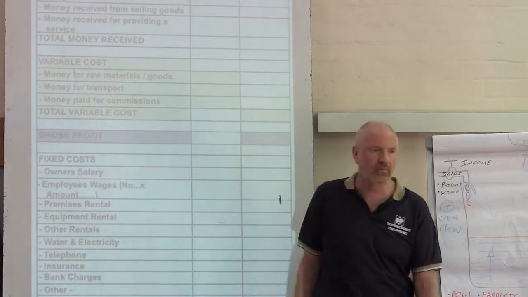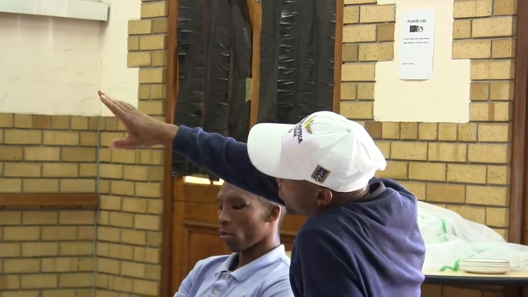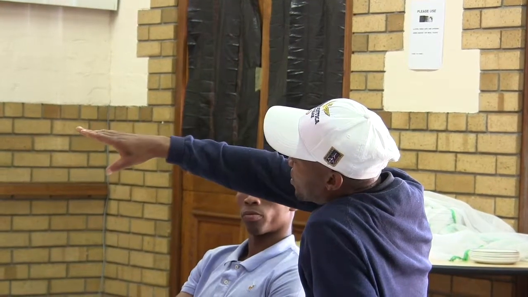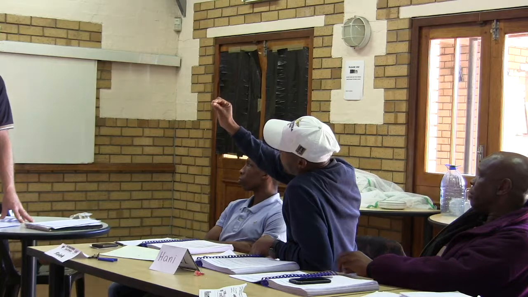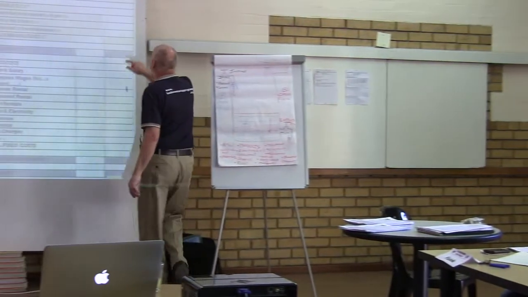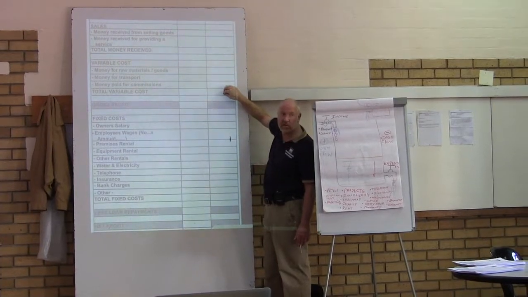Hani? Okay, you're moving too fast. I just want to ask, the total money that you receive is going to be there, I see. Then you do that variable cost, you are going to minus it from the total money you receive. Okay, so you're going to write in here the total of monies received, and there the total of your variable costs.